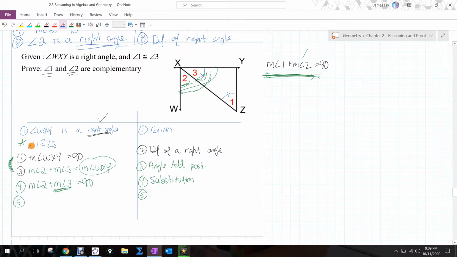Right now this is a shape. These 2 shapes are congruent. Right now these are numbers. I don't know what these numbers are, but measure of angle 2, measure of angle 3, those are symbols for values that when added together equal 90. So I can't replace a shape with a number or a number with a shape. But if I know the 2 angles are congruent, I should know that their measurements are equal. So this step here and that step there are tied together.